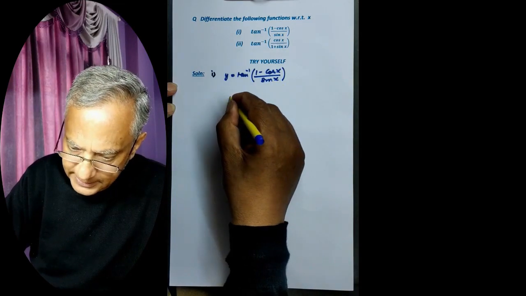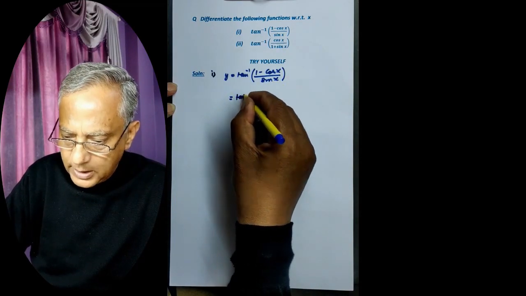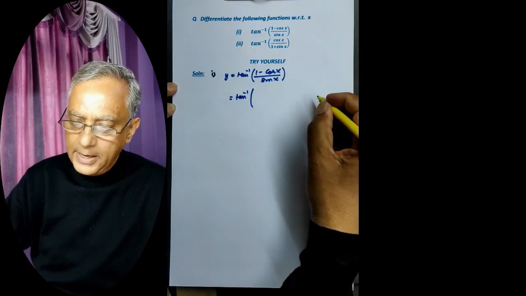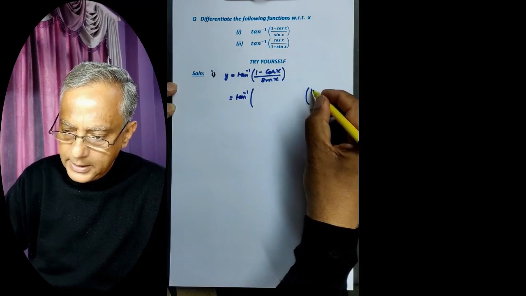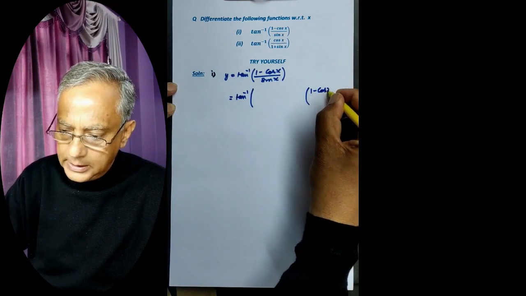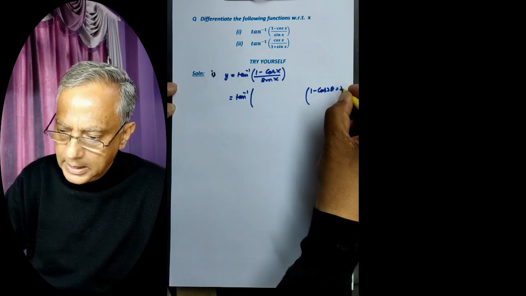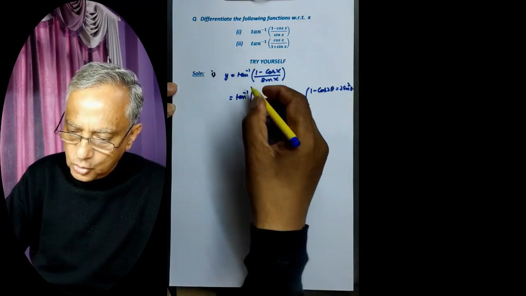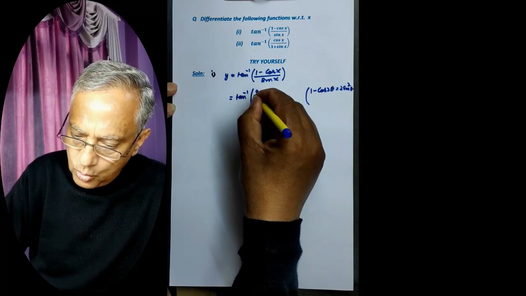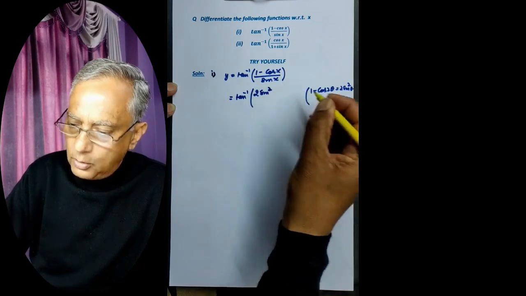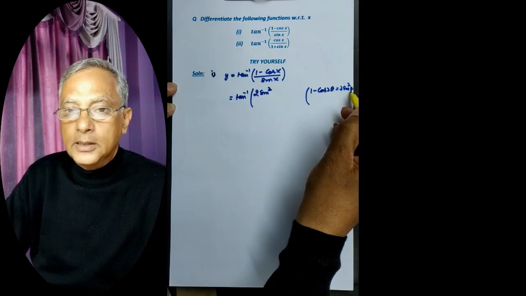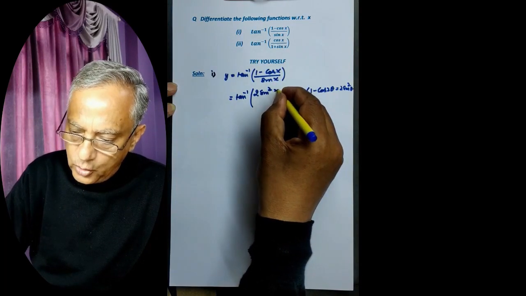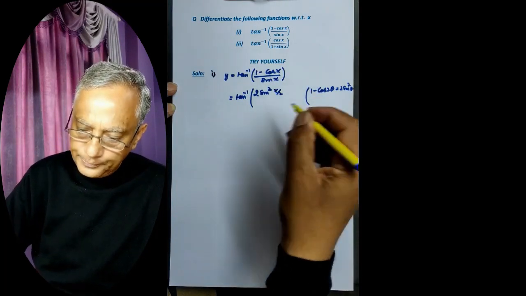And we can write this as tan inverse of 1 minus cos theta. 1 minus cos 2 theta is 2 sine square theta. So this can be written as 2 sine square. It was 2 theta, so here it was theta. So when we have x, we will have x by 2, half of this.